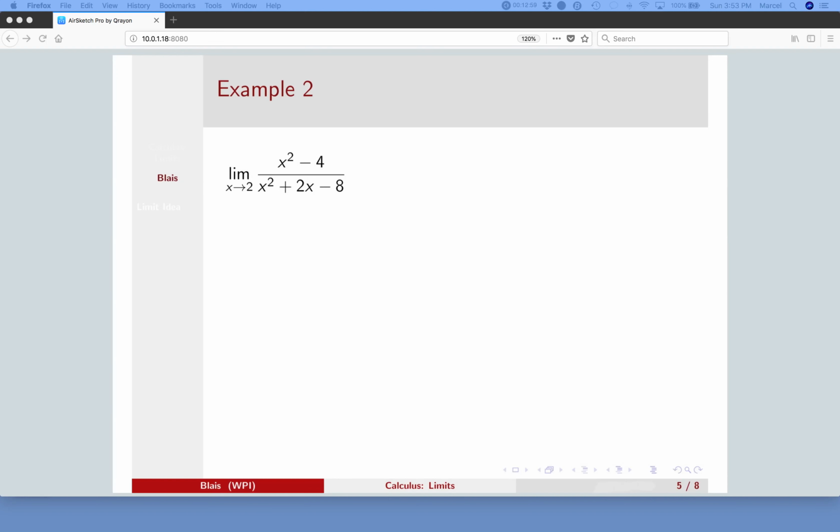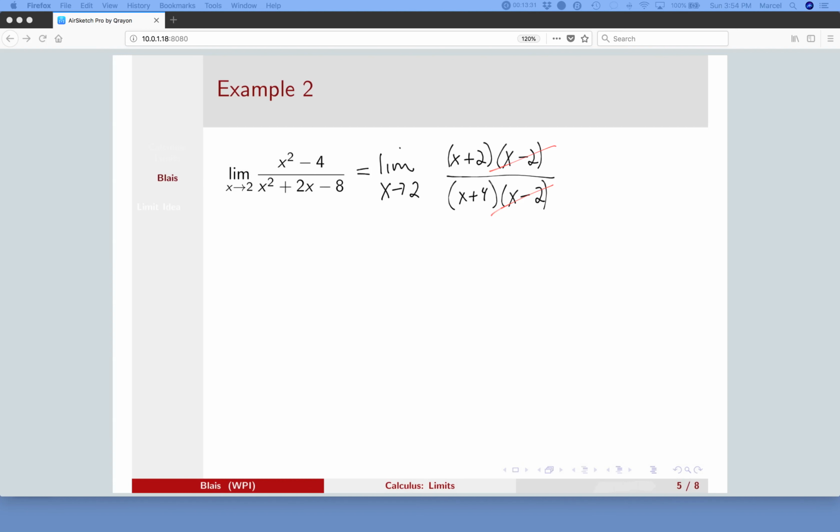But in a question like this, what we can do is remember our factoring. So the top is the difference of two squares. Can be factored as x plus 2 times x minus 2. And in the bottom, we can factor that as x plus 4 times x minus 2, which enables us to then cancel out the x minus 2 terms.